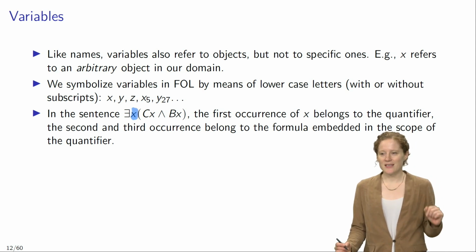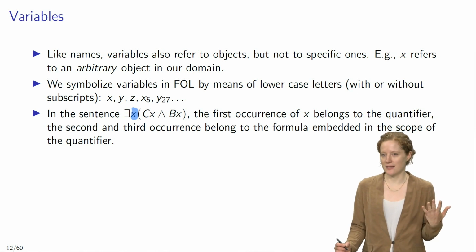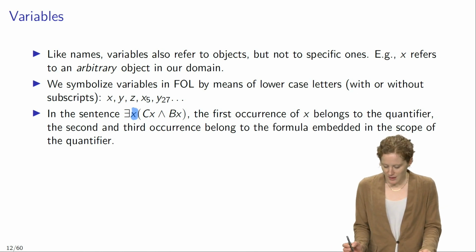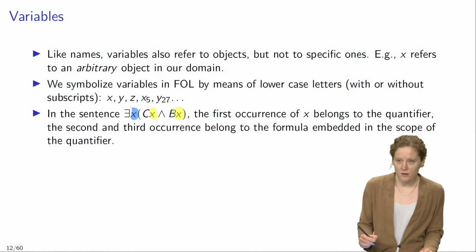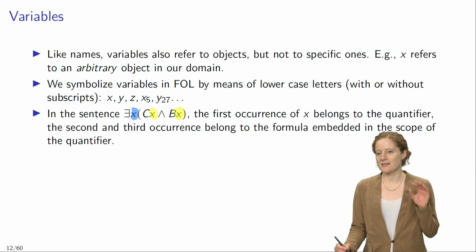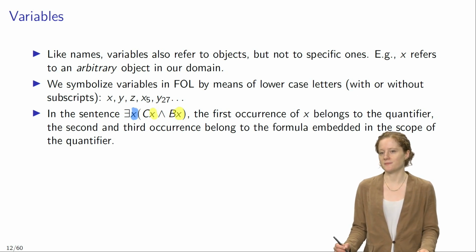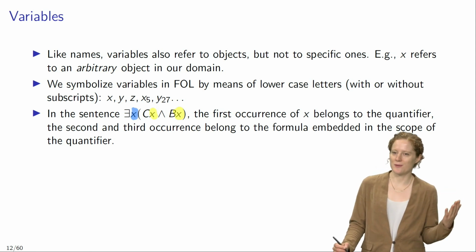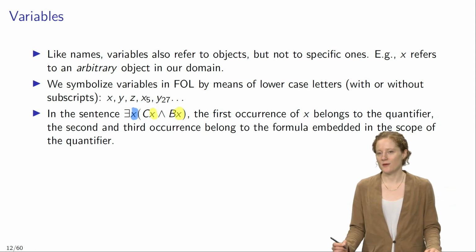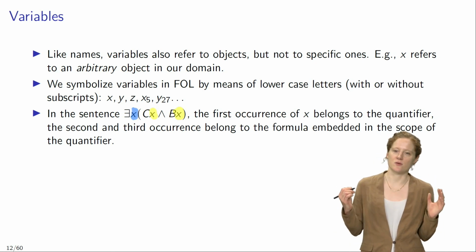So the reverse E by itself is actually not a complete quantifier. Only the reverse E together with the variable x is a quantifier. And now the second and the third occurrence of x belong to the open formula that's embedded in the scope of the quantifier. So what this sentence says is that there is some x such that Cx and Bx, and the first occurrence of x belongs to the quantifier, and the second and third belong to the formula embedded in the scope of the quantifier.